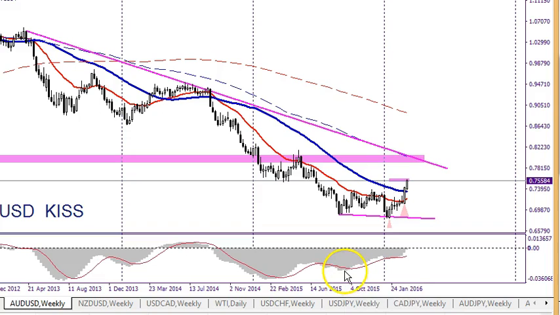Okay, and you can see the MACD, same thing as on the previous chart. Price here has made a lower low than the previous low. So price has been declining. The MACD, and I'm just going to draw that in, has been rising, okay, right here, which means that we're looking for a reversal.